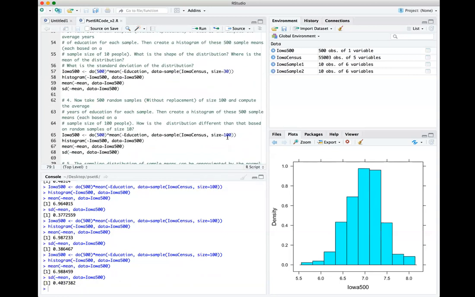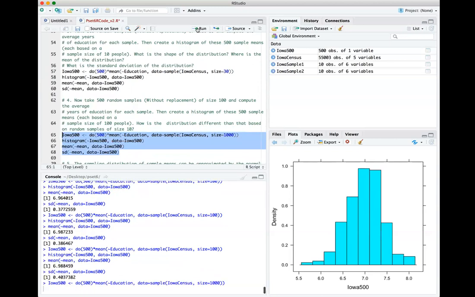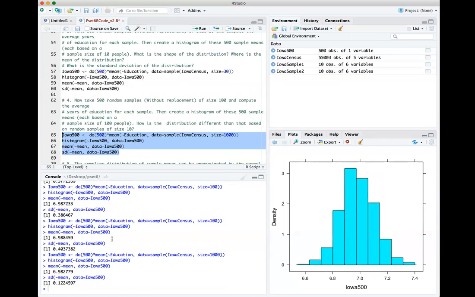I'm going to increase this. We'll increase to a sample size of 1,000, and we'll see what happens. You get something really close to the population mean, and you have a very small standard error.